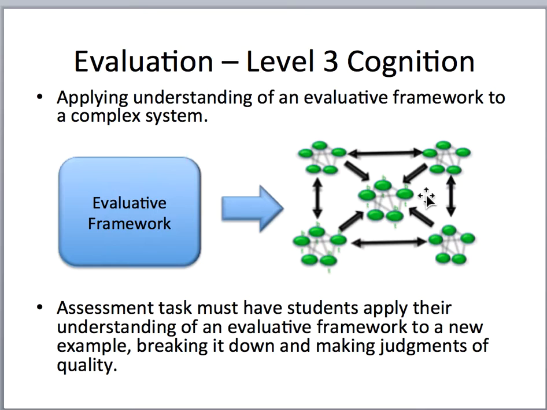Now, evaluation in terms of cognition is really all about understanding a particular set of criteria and then applying it and making judgments about the deep structure of something else. So if you think of your dancing shows, like Dancing with the Stars was just over, right? Or some of the singing shows like The Voice, or So You Think You Can Dance used to be a big one too, another dancing show. Or even the cooking shows, right?